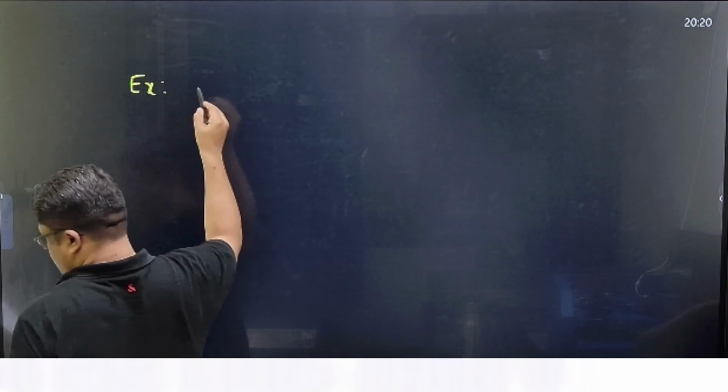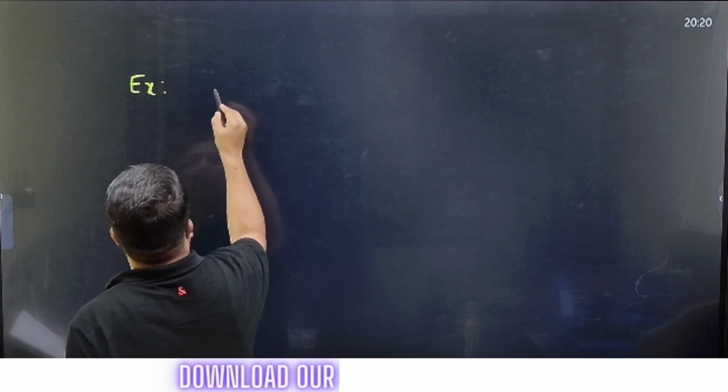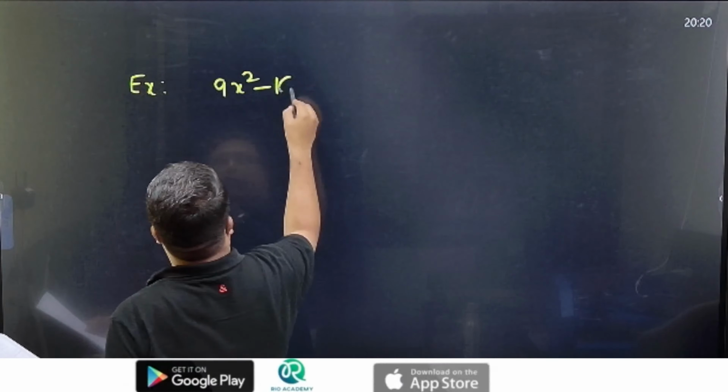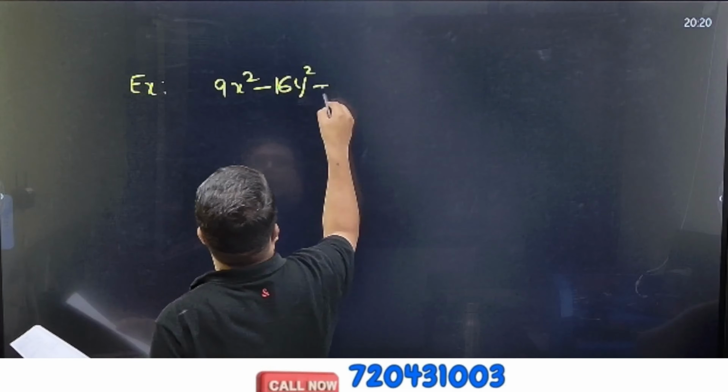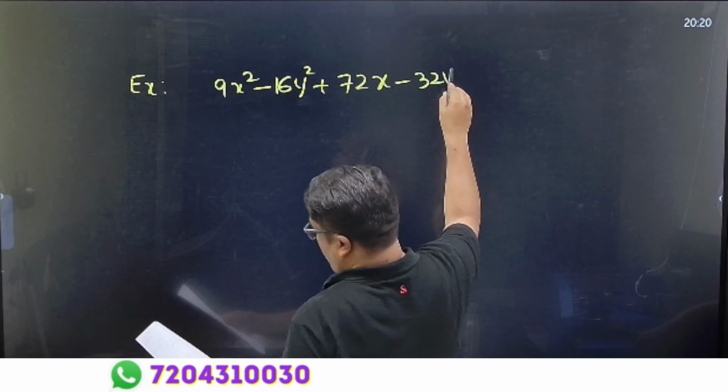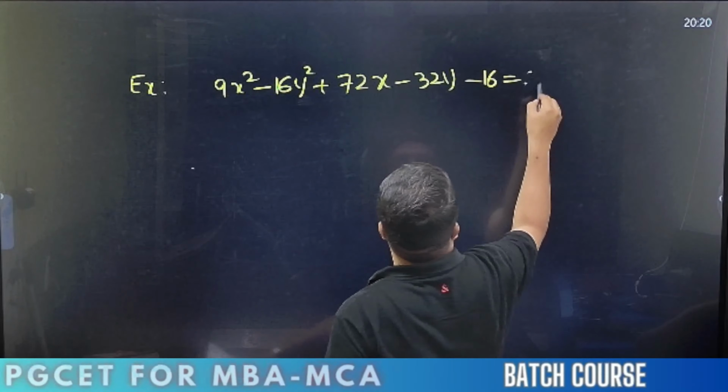Example is 9x square minus 16y square plus 72x minus 32y minus 16 equal to 0.